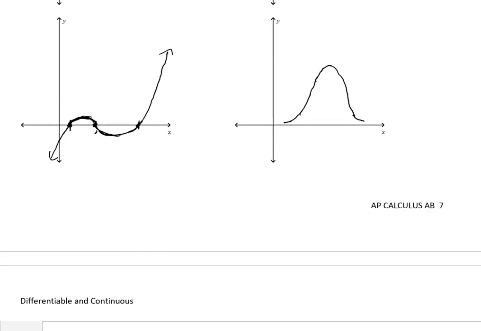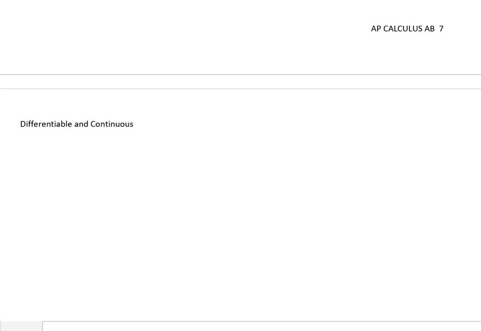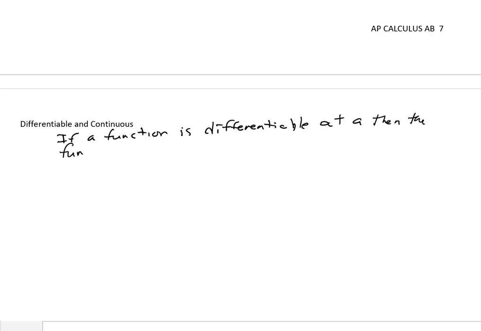Alright. Differentiable and continuous. This is an important idea, because if a function is differentiable at a, then the function is continuous at a.